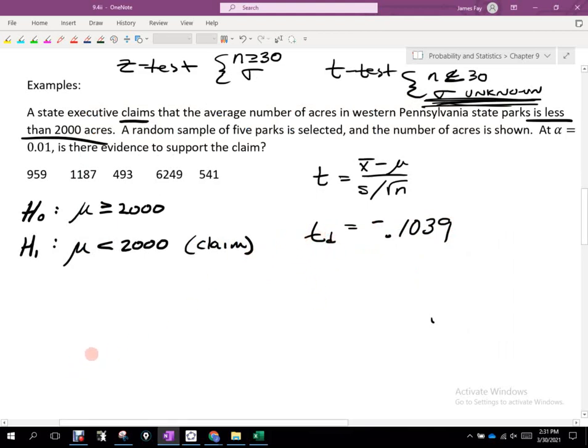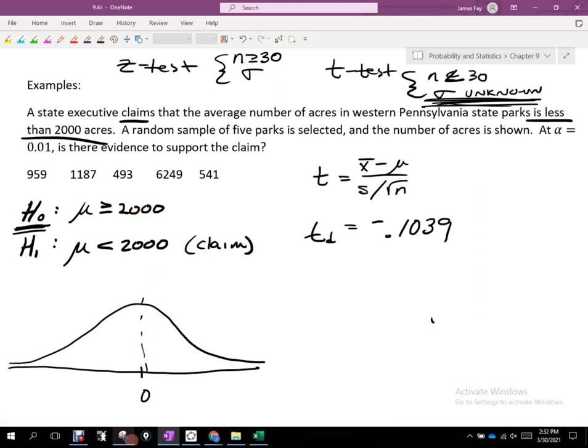Now, if I'm looking at this, I think the best thing for us to do is use p-values. It's most efficient. So if I'm going to use p-values here, right now think about where mu is. Mu is the accepted value as we start the problem. This 2000 is essentially right here, if we standardize it.